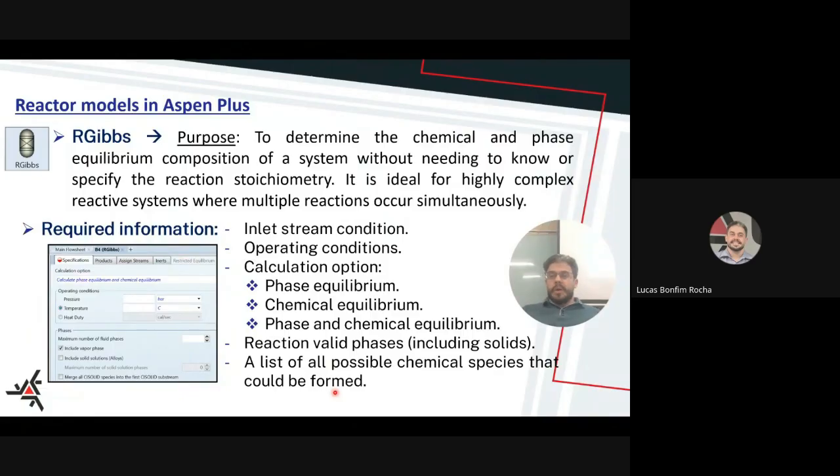So the other thermodynamic model that we have there is RGibbs. The difference, as we discussed, is that in this case we can determine the chemical and phase equilibrium without specifying the reaction stoichiometry.